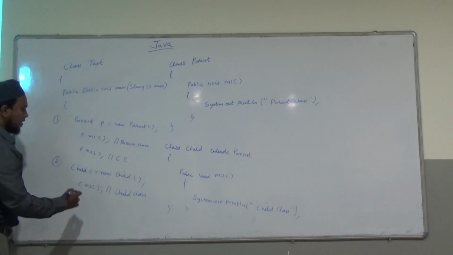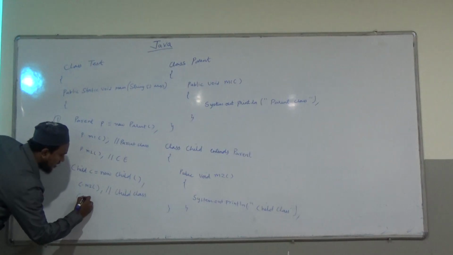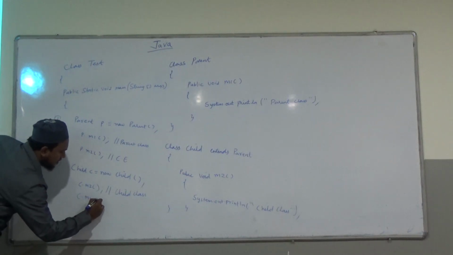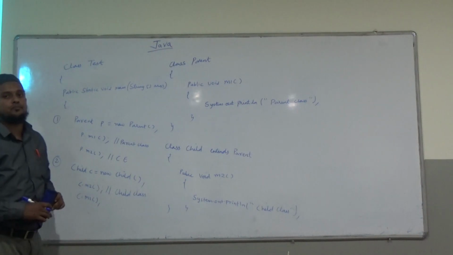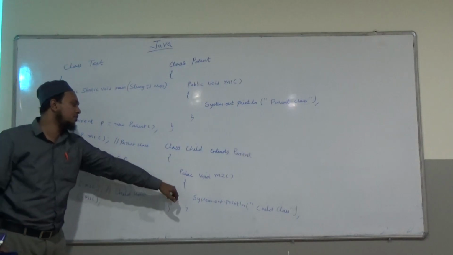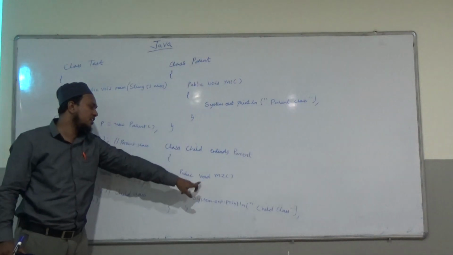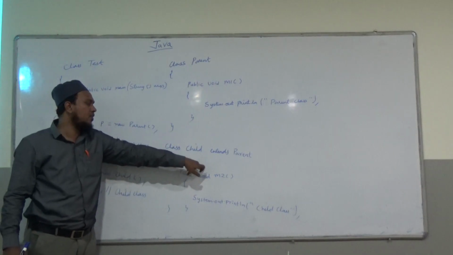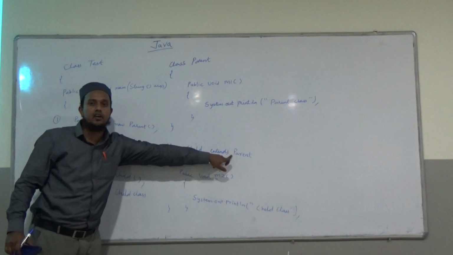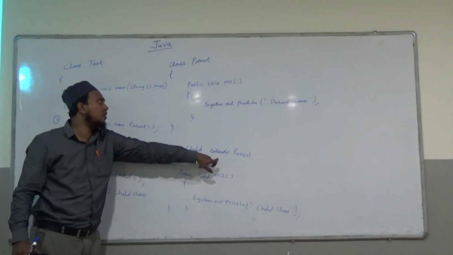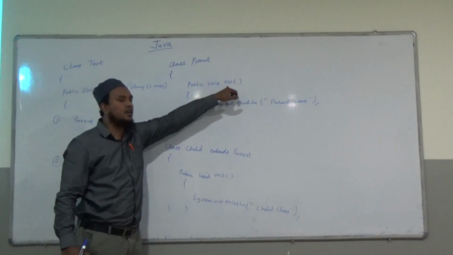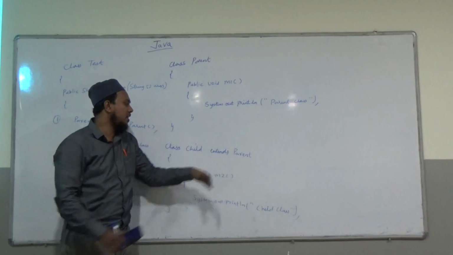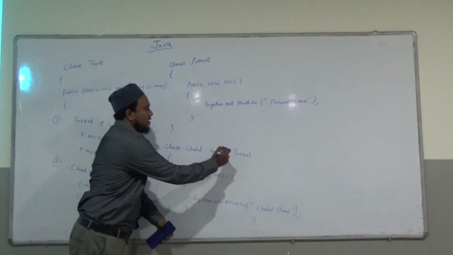Now pay attention. If I write C dot m1 method, now tell me what is the output? M1 method is there in child class or not? Yes, it is there. Why? Because we are extending parent class. Already told you. Understanding? Now m1 method is also available with child class. Why? Because we are using extends here.